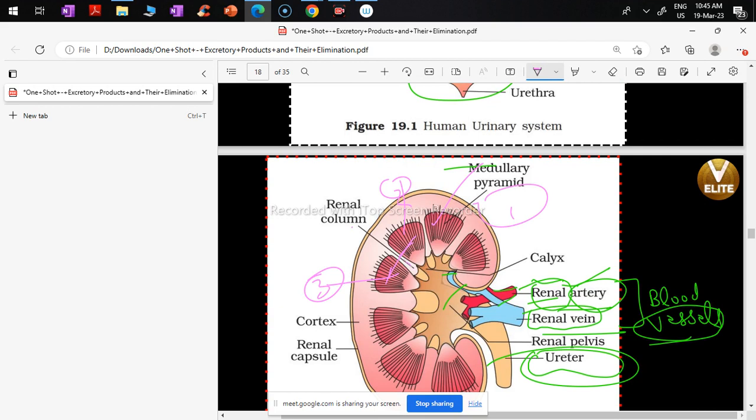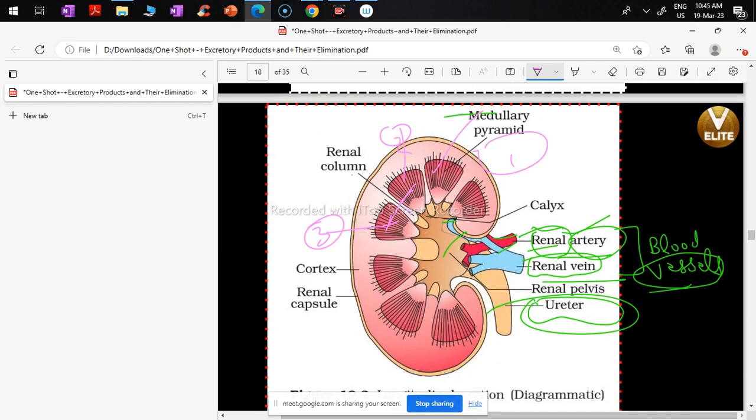The outside of the kidney is covered by a capsule called the renal capsule, and towards the inner side there is the cortex, and after the cortex there is the medullary area, and only in the medullary area these pyramid like structures are present. That's why they are called medullary pyramids.